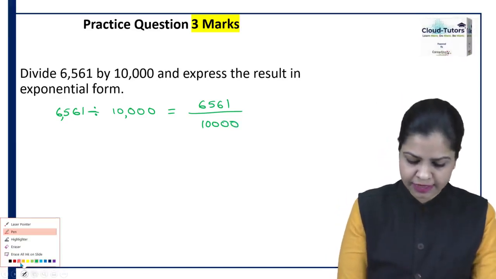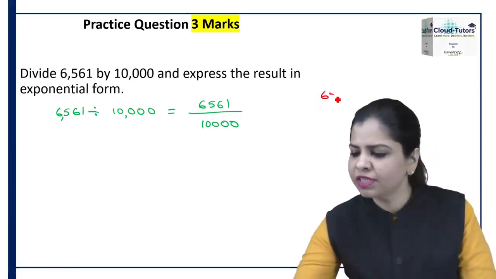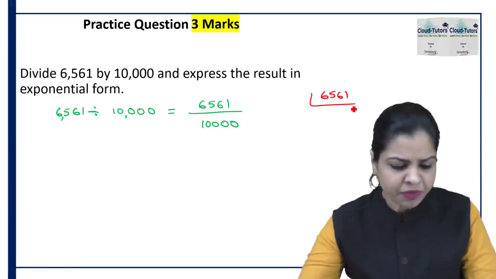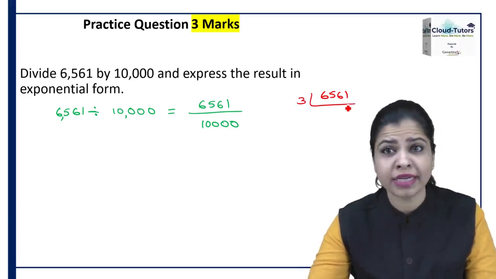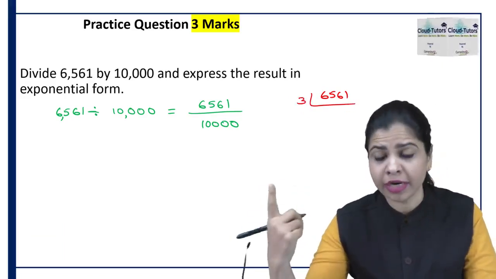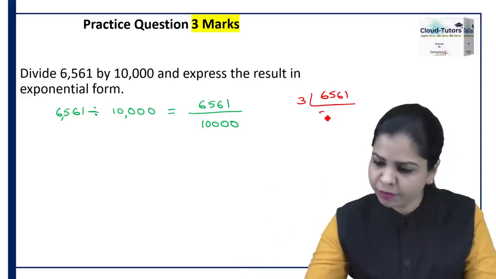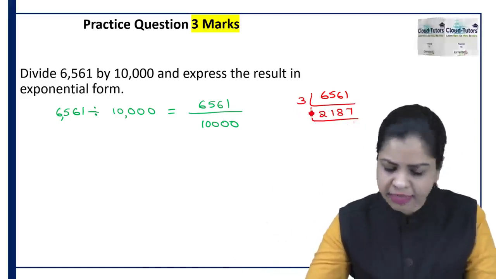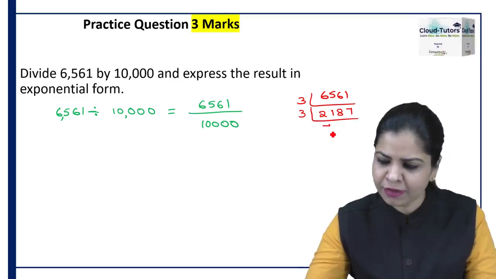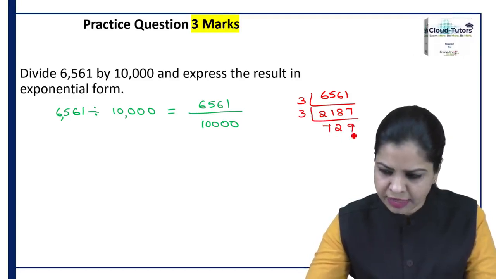Okay? Doing that. So factors of 6561 would be 3, since it's ending with 1. So obviously it has to be divisible by an odd number. So 3. So it would be 2187. And then again 3. It would be 729.